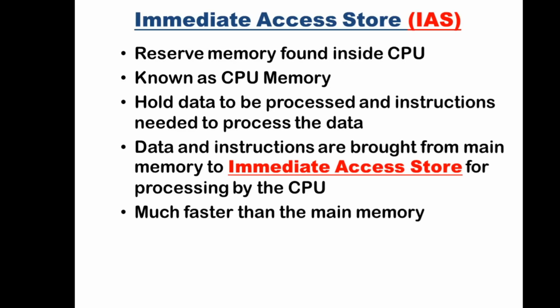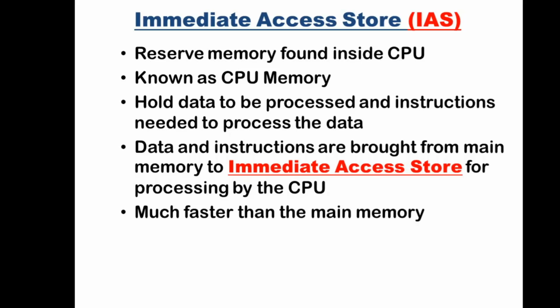The next component is immediate access store. We call it IAS for immediate access store. It is also a type of memory, but it is the reserved memory found inside the CPU. It is also sometimes called the CPU memory.